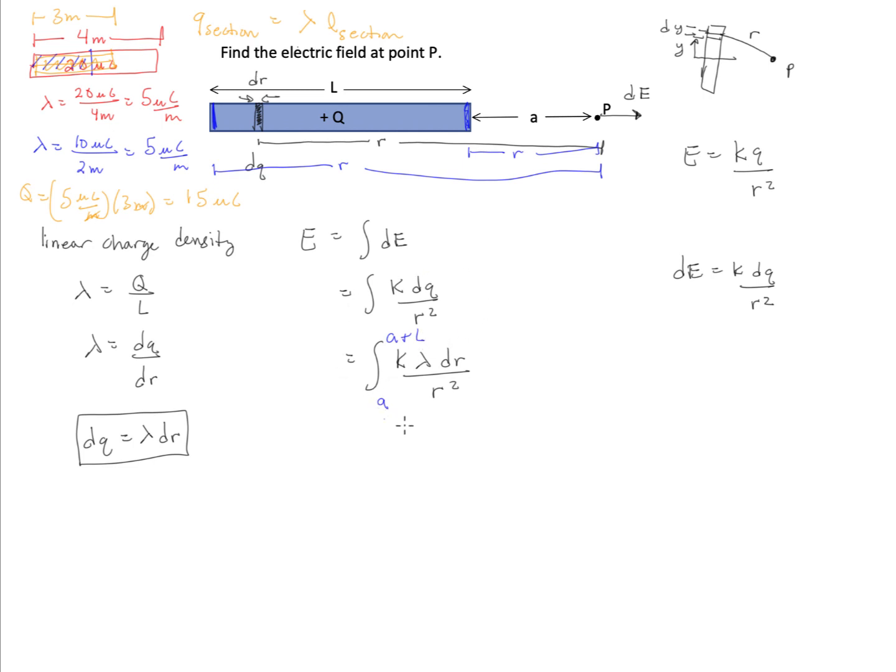Now that is basically the physics of setting up this equation. At this point, we're just going to be doing math. So I can go ahead and pull out the k and the lambda, because those are constants.